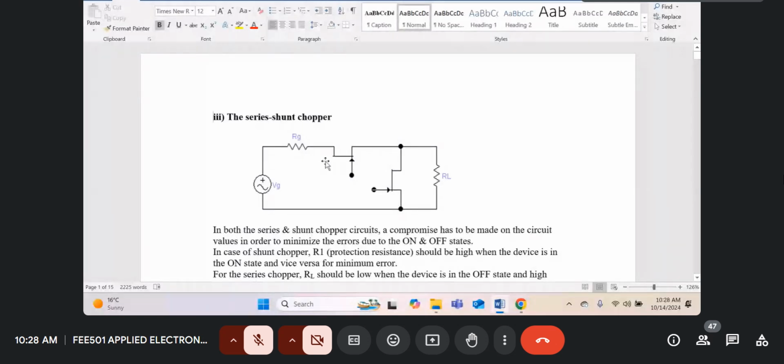So once again, we are going to analyze the switching errors, the on error and the off error, and then we'll put it in the same table. I give you as an assignment to put it in the original table, because the original table had only series and shunt.